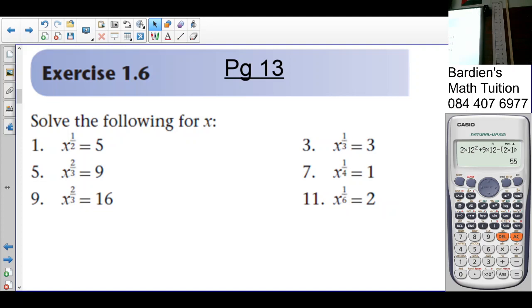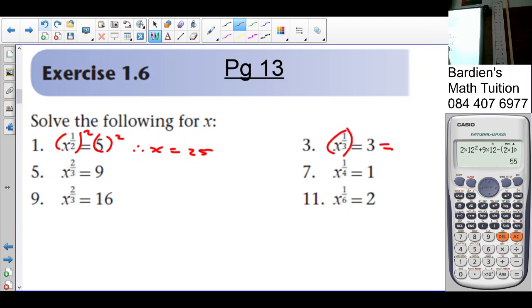Okay. Number 1. If the denominator is even, this number has to be positive. Is that the case? Yes. So I'm going to square both sides. Therefore, x is equal to 24. You guys agree with that? Look at number 3. The numerator and denominator are odd, so no changes there. So I'm going to raise that to the exponent 3.